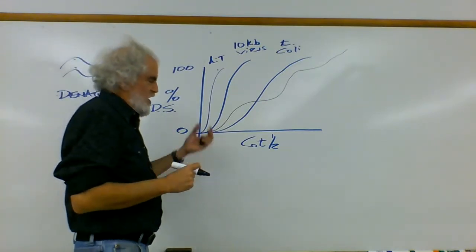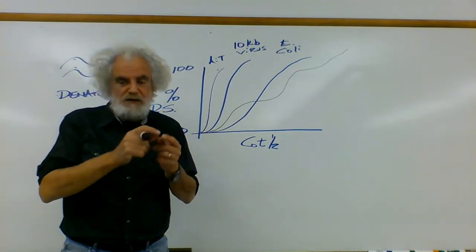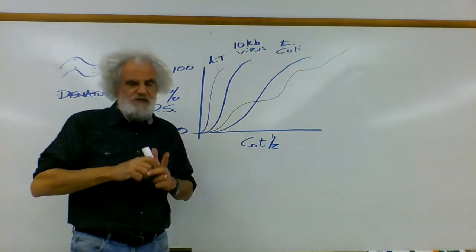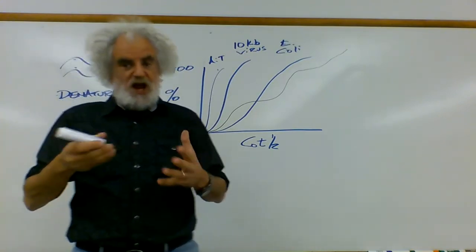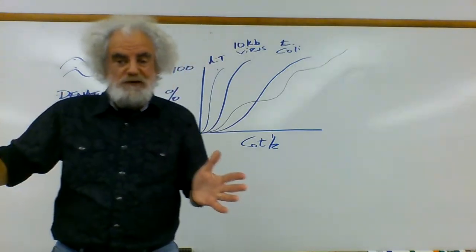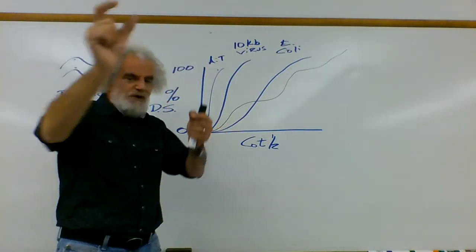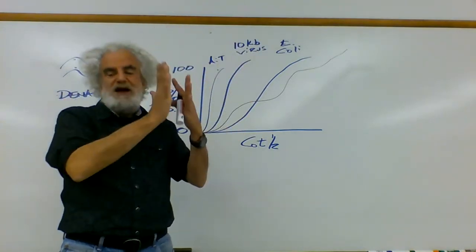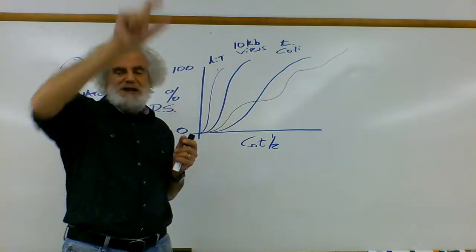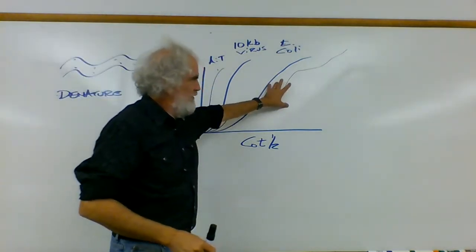So the simpler the sequence is, the less complex it is, the faster it hybridizes. So you can imagine if you've got a repeat sequence that is 15 nucleotides long, and you've got a whole bunch of it, that DNA sequence can hybridize with any other spot. It doesn't have to hybridize with its exact partner. It can hybridize up and down that repeat sequence. And so that's going to anneal faster than this stuff, and then this stuff.